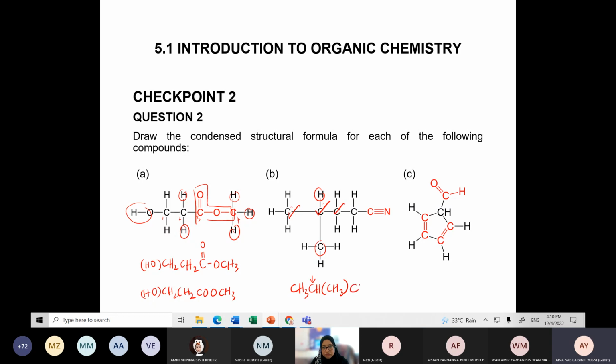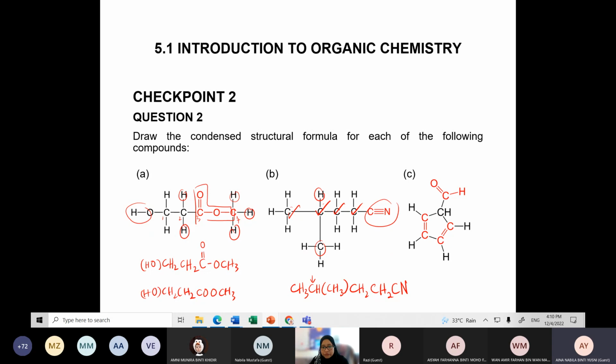Next, this one, we have 2 hydrogens attached to it, then another 2 hydrogens attached to it, and then you have CN. You may write or show the triple bond, or you can also not show it. You don't have to show it, but if you show it, it's not a problem because this is the functional group.